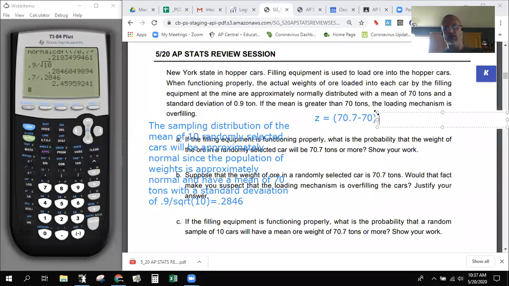This is much more strange, to get a mean of 10 cars that would be at 70.7. We would expect in 10 cars, some of the cars would be below, some of the cars would be above, and we would expect the mean of 10 cars to be about 70. 70.7 is quite a ways off on 10 cars. It means more of them were on the upper side.